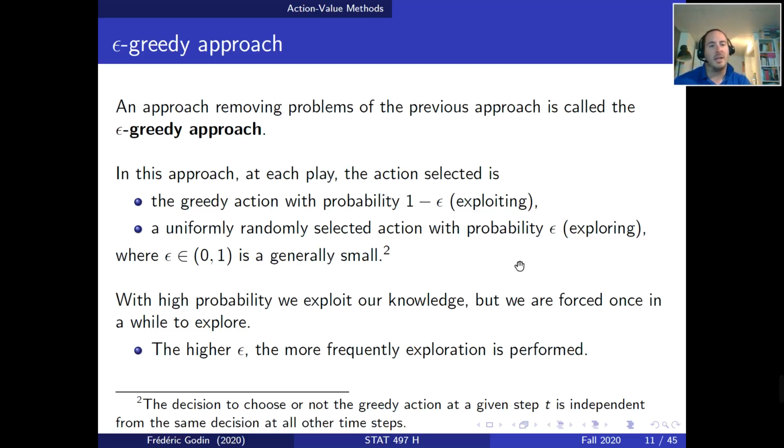Another approach that is very famous in reinforcement learning is called the epsilon-greedy approach. In this approach, every time you have to determine an action, you do the following. You pick with probability 1 minus epsilon the greedy action, and otherwise, with probability epsilon, you sample a non-greedy action uniformly among all possible actions.